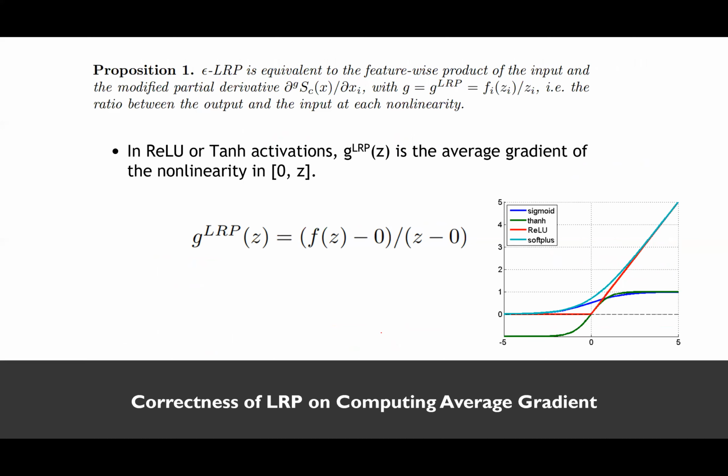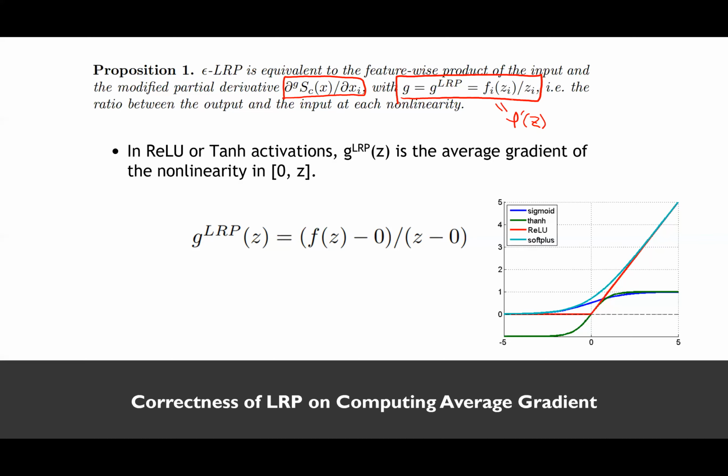LRP is equivalent to the feature-wise product of the input and the modified partial derivative of the final output with respect to xi, where we assume that g is GLRP in this form, and that it can be represented as f prime z.